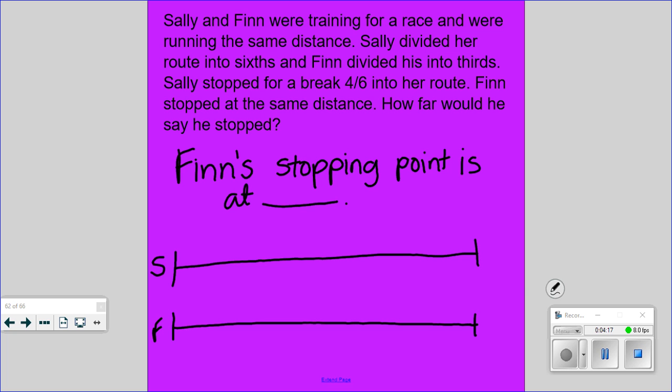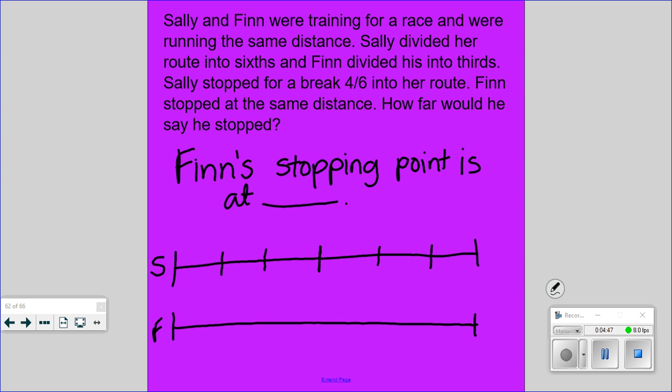Because 6 is an even number, I know I can split it in half, so I'll start with a half. If I have a half and I'm trying to get 6 pieces, I can put 3 on one side and 3 on the other side. So here are my 3 pieces. Notice I'm talking about pieces, I'm not talking about lines. And then I need 3 more pieces on the other side of my half.